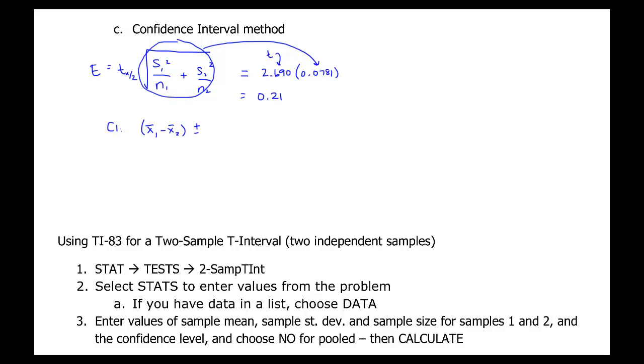And to get your confidence interval, take the difference of the sample means plus or minus the margin of error. And we get negative 0.24 plus or minus 0.21.